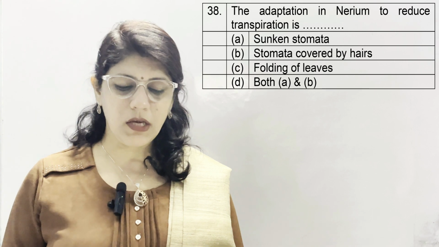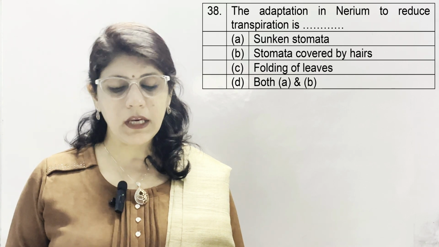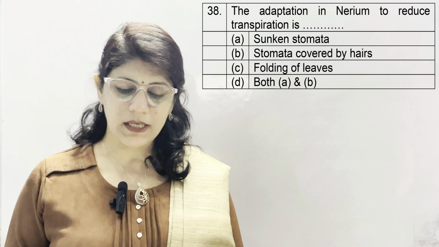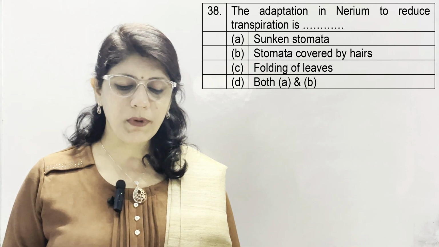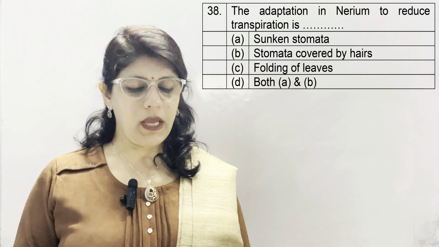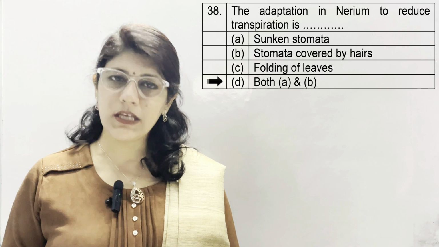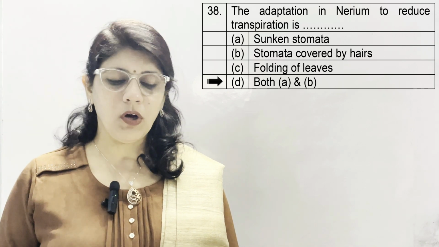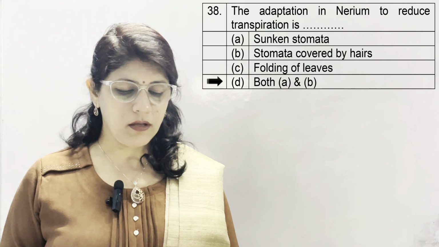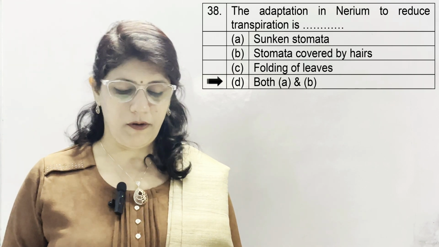In question number 38, the adaptation in Nerium plant to reduce transpiration is A option sunken stomata, B option stomata covered by hair, C is folding of leaf and D both A and B, and the correct option is D, both A and B, because in Nerium plant both adaptations are there, sunken stomata are there and stomata covered by hair.